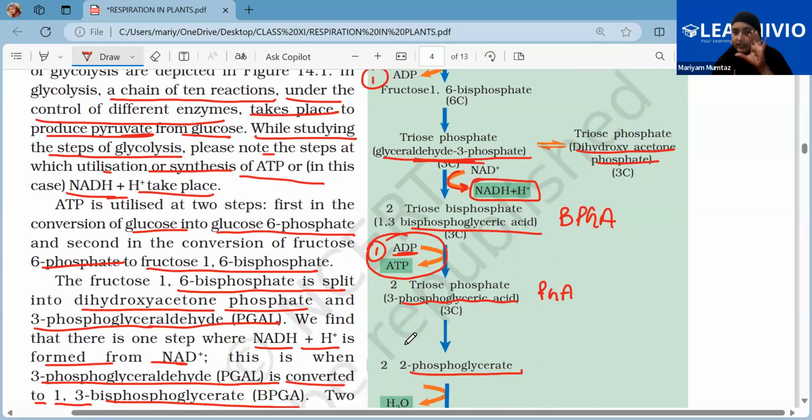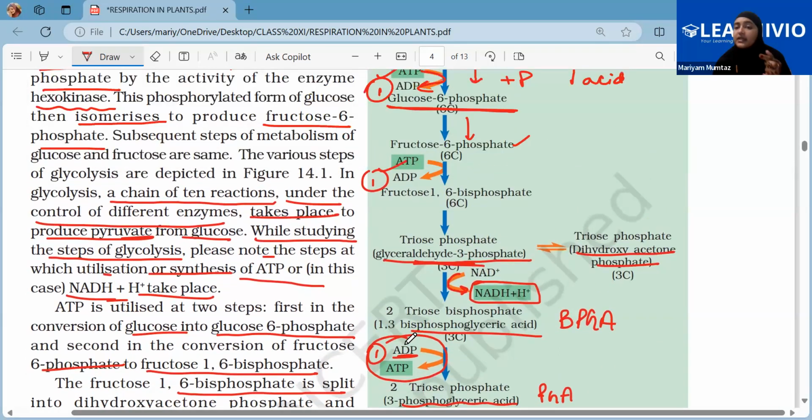So you learn this also, and you should know at which point ATP is being utilized, at which point ATP is being synthesized. That's important. And at what point NADH2 is being synthesized or utilized. Because they can ask you, like, during the conversion of this, what happens? They'll give you 4 statements, they'll ask you to mark out the right one. Okay.